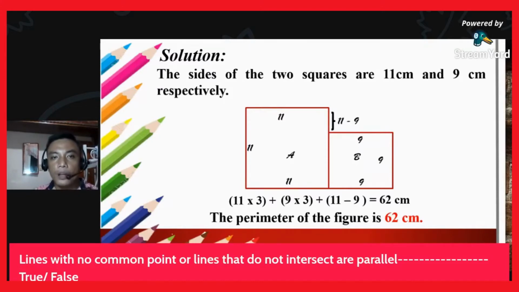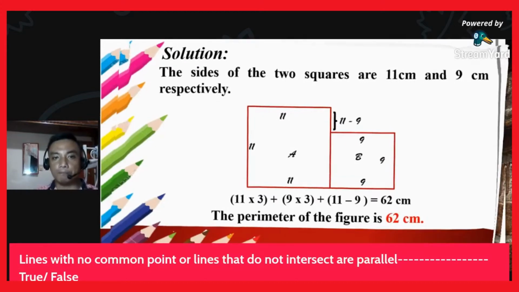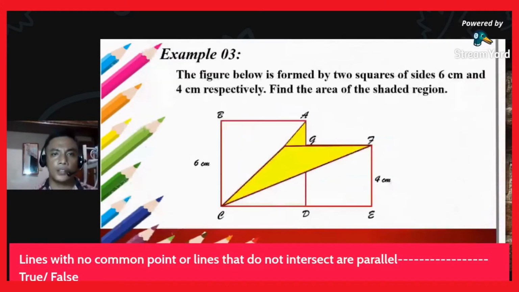Okay. We have example number 3. The figure below is formed by two squares of sides 6 centimeters and 4 centimeters respectively, as shown in the figure. Now, we're going to find the area of the shaded region.